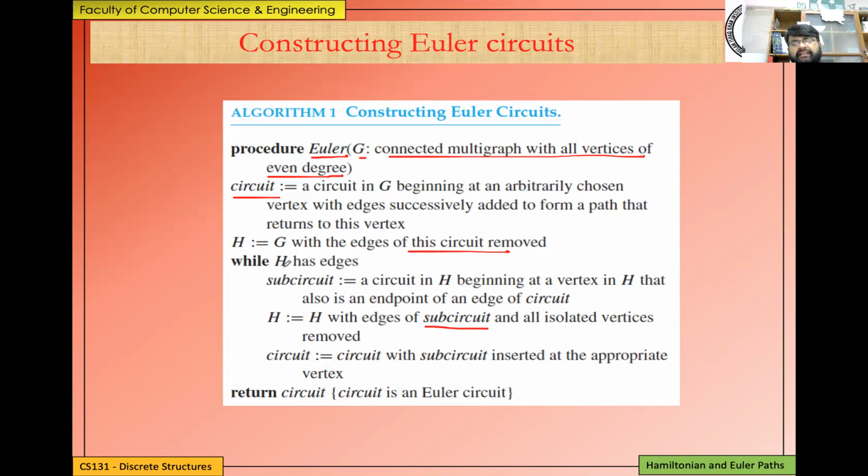Then you loop, finding subcircuits, removing their edges from the duplicate graph H, and adding these circuits at the appropriate vertices. So this is the whole algorithm.